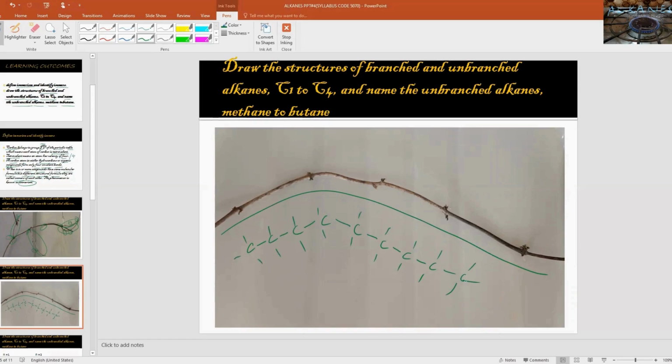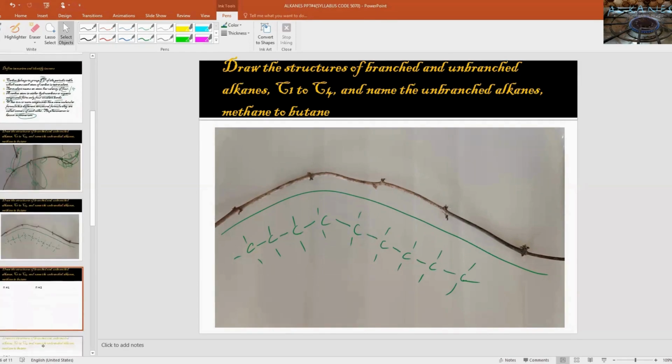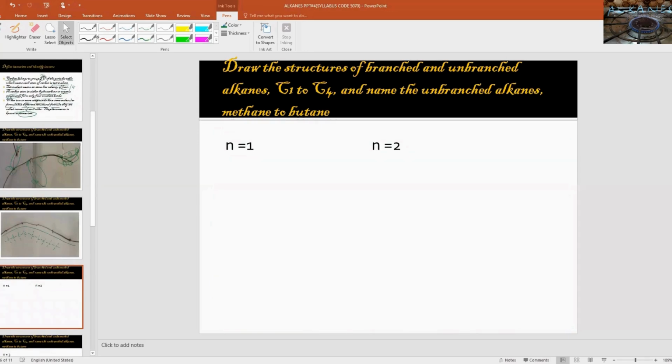You see, it's like a straight chain of carbon. These two branches can be considered as isomers of each other. Isomers can be made from a straight chain by removing an end group and placing it in the middle of the chain.